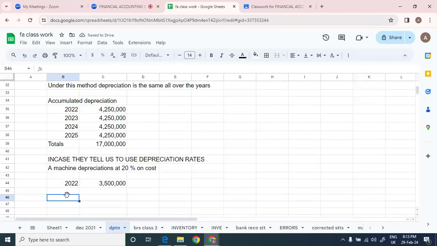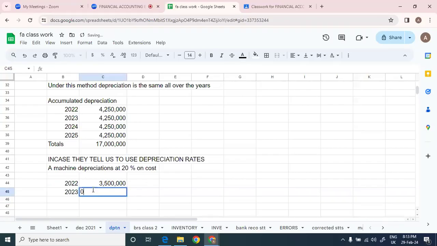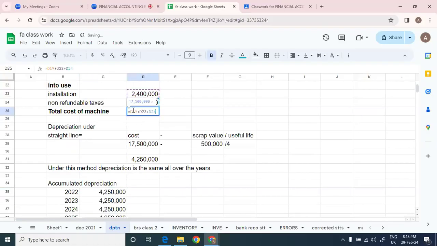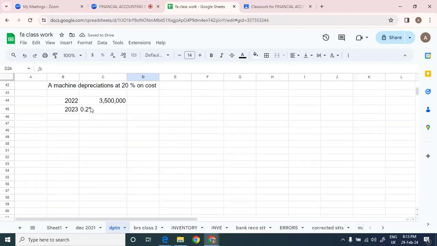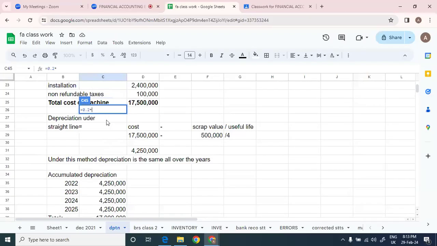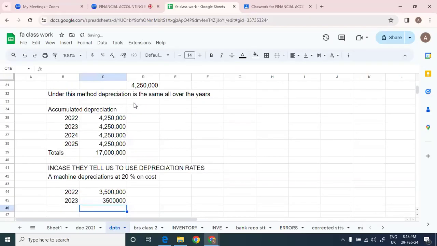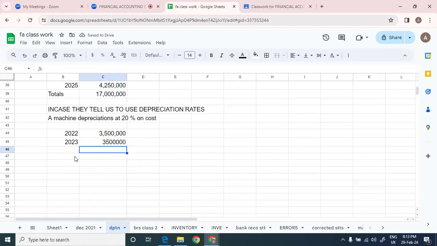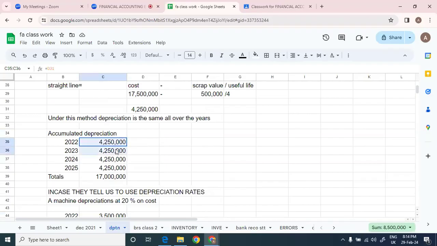When you come to 2023, still it will be the same, 0.2 times 17.5, and you see we still get 3.5.